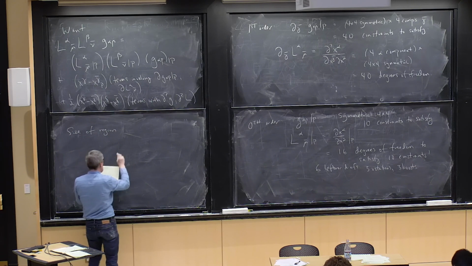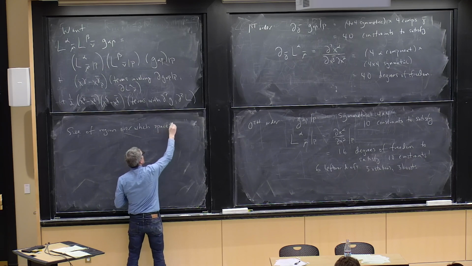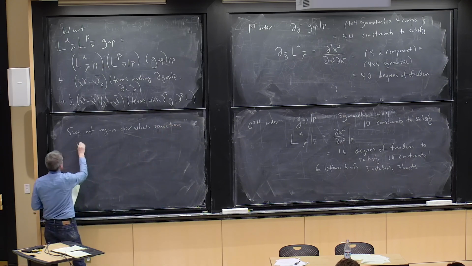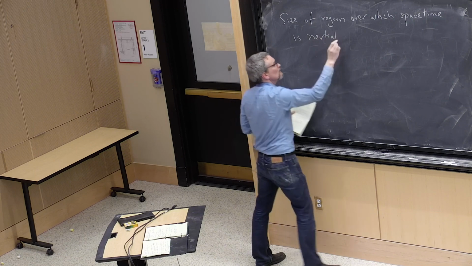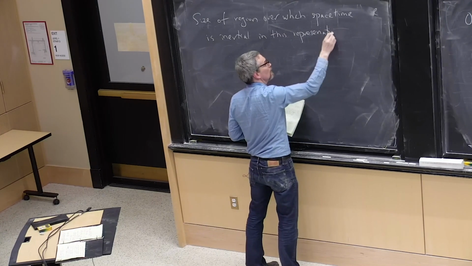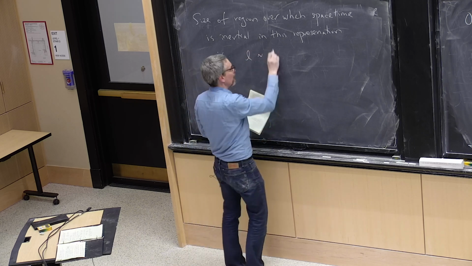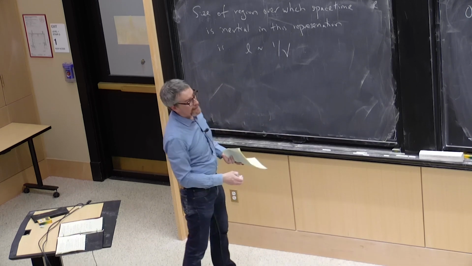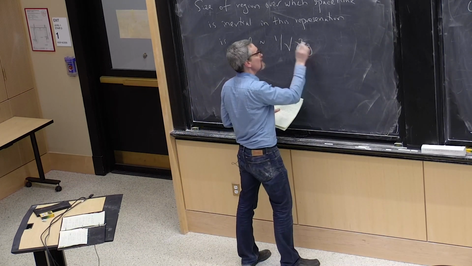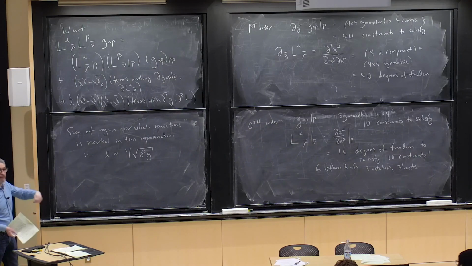So the size of the region over which space-time is inertial in this coordinate system, in this representation, it's approximately, sort of imagine you can think of d2g as being 1 over a length squared. So 1 over the square root of that gives me a rough idea of how long the curvature scale associated with your spacetime actually is, and it tells you how big your inertial region actually is.